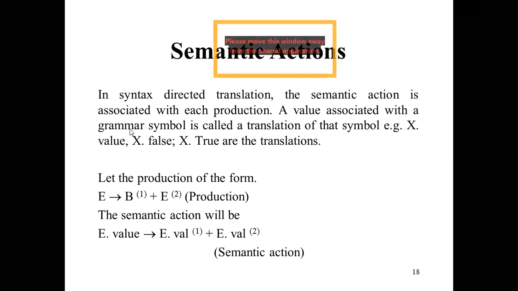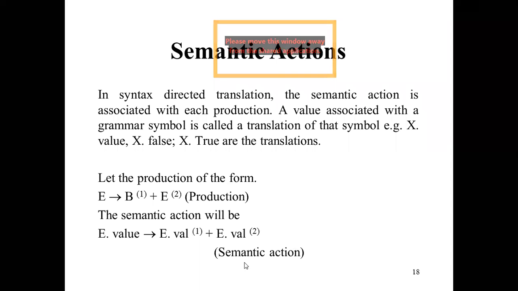Let the production form be E = E1 + E2. We are just dividing this expression into two parts. This is called the production.